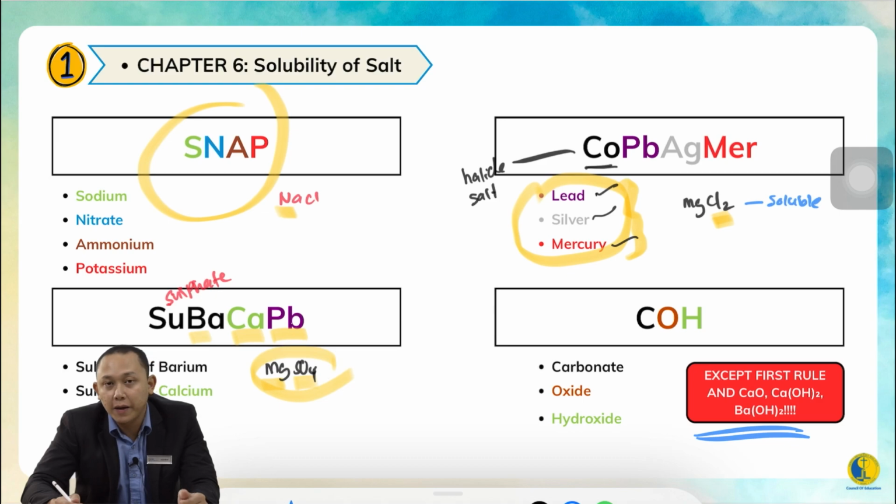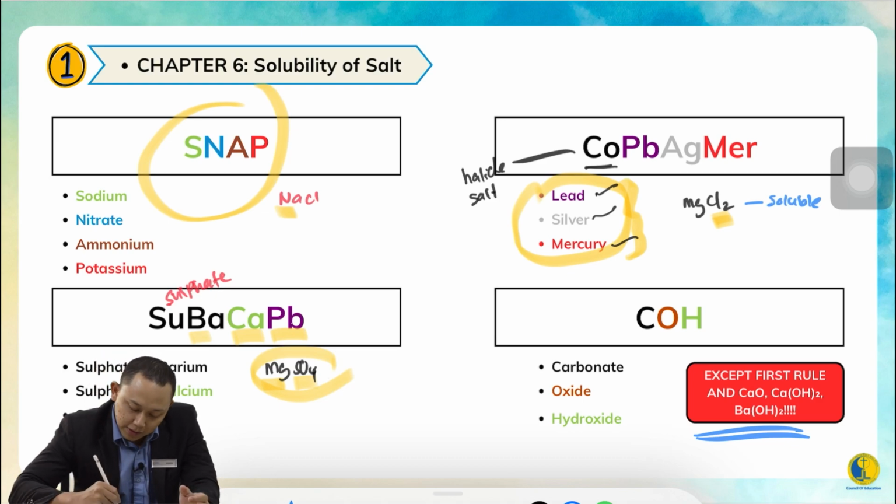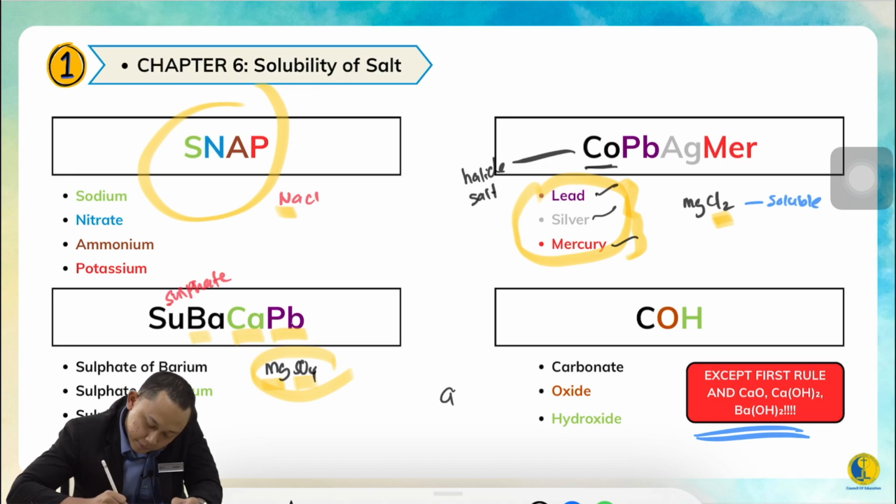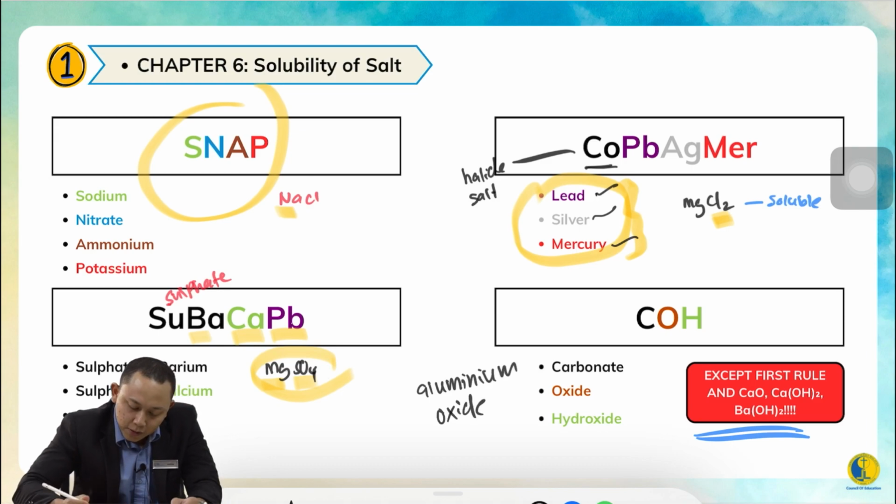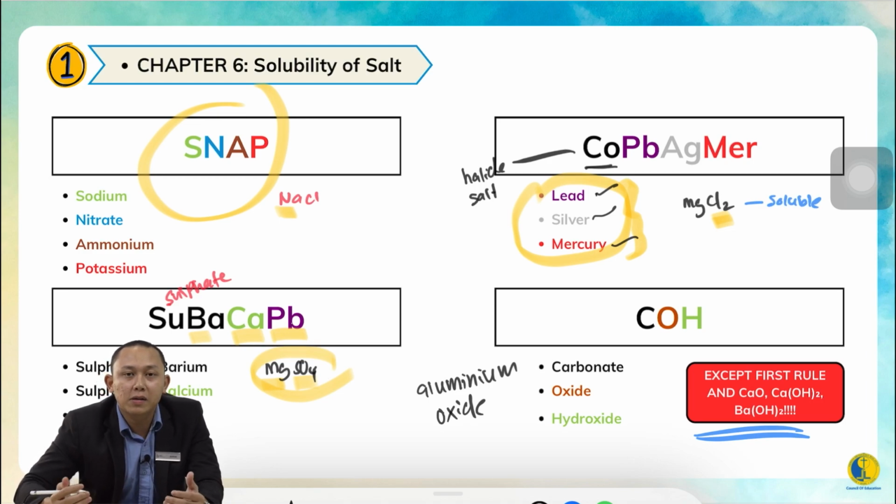let's say I have aluminium oxide. Aluminium oxide is an oxide salt, and I told you just now that oxide is insoluble salt.